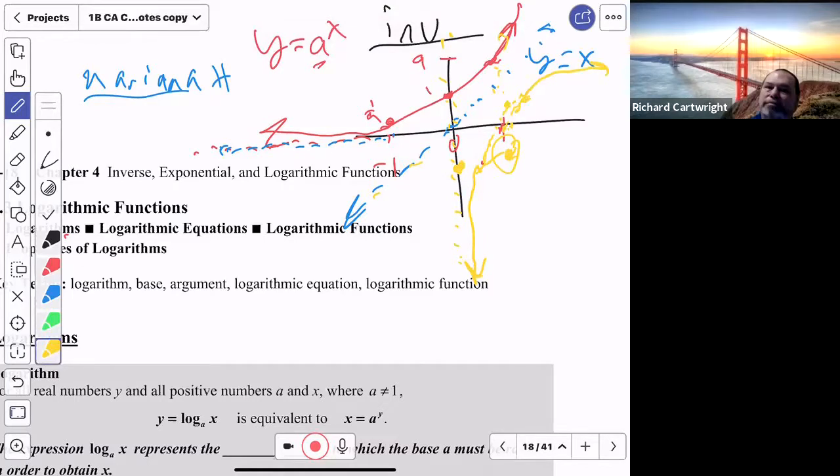And that's the picture of the log, y equals log base a of x. So that's what a log looks like.